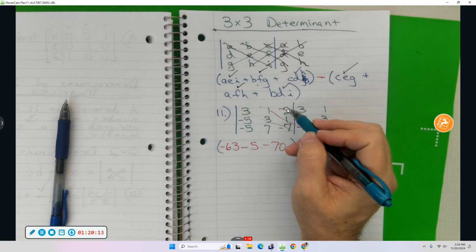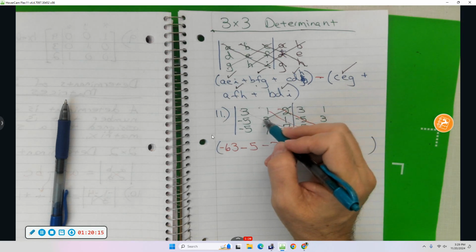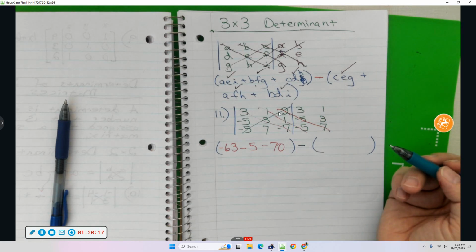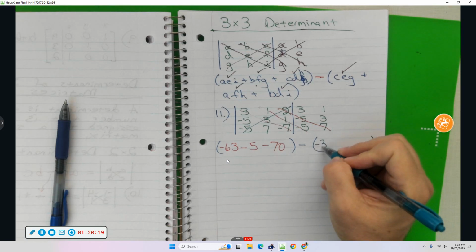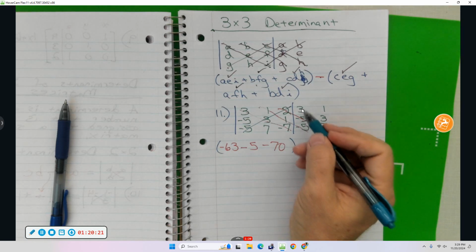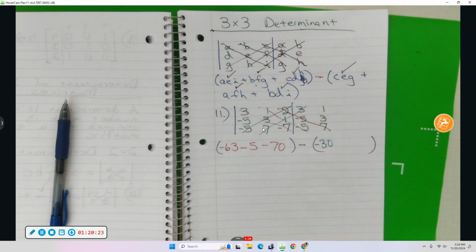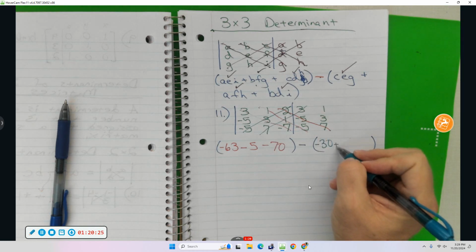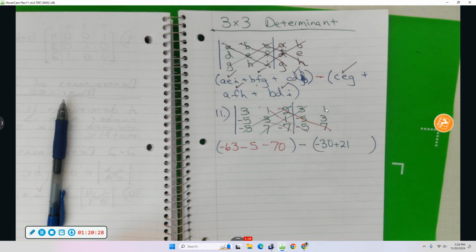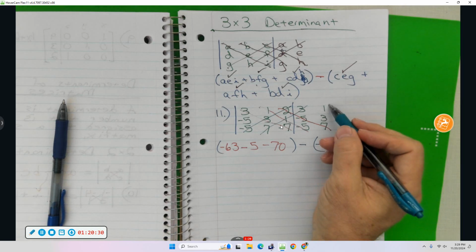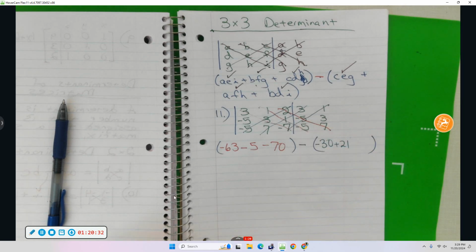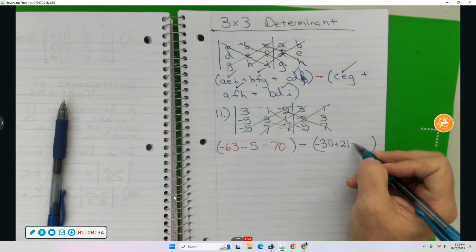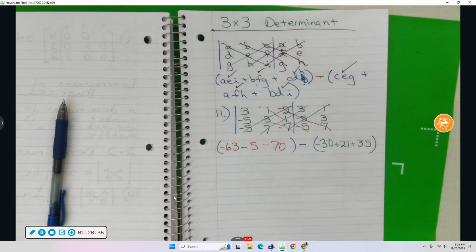Now I go the opposite direction. 2 times 3 times negative 5. 6 times negative 5, that's a negative 30. 3 times 1 times 7, that's a positive 21. And last, 1 times negative 5 times negative 7 gives me a positive 35.